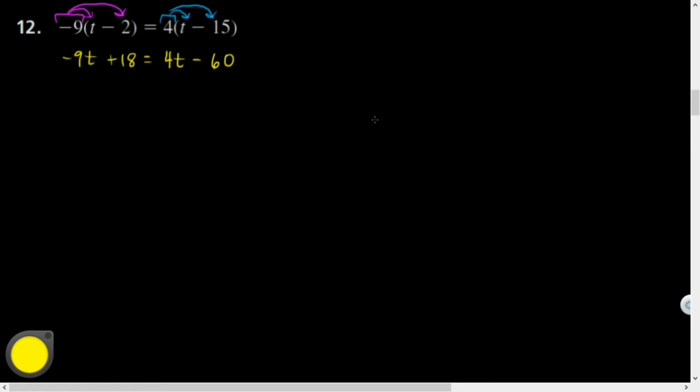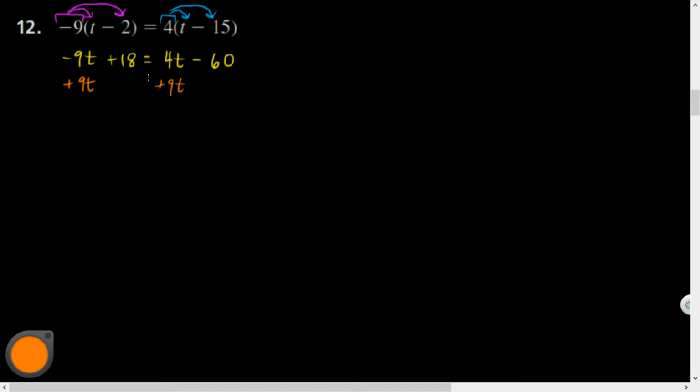Jimmy, this one's tricky. Who is smaller, -9t or 4t? He's saying -9t, right? -9 is smaller. It's less than a +4. So I'm going to move that 9t. I'm going to add 9t to both sides. When I say both sides, Ethan, what do I mean?